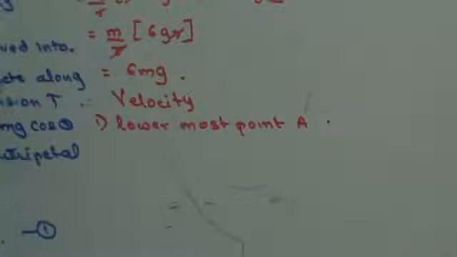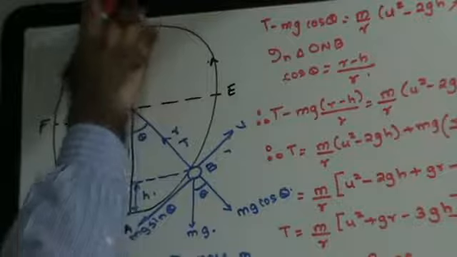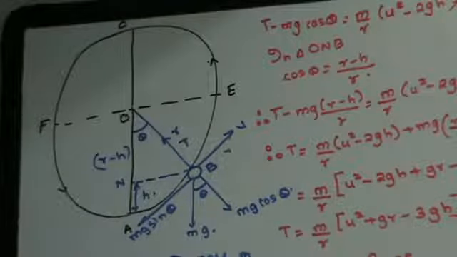Now, we know that when the body is rotating and reaches the highest point, then its velocity has to become 0. Guys, the body starts rotating from A, it moves up and it reaches C. At point C, its velocity will be 0. That means the tension at the highest point is going to be equal to 0, because the entire weight of the body is going to be directed downwards.